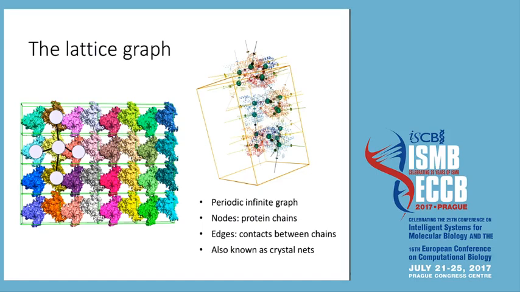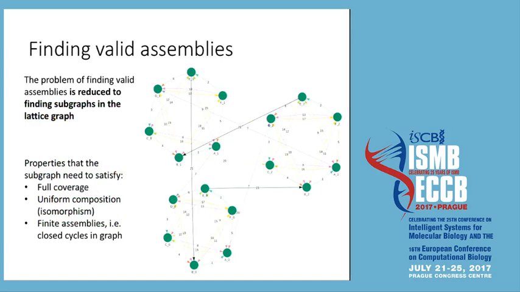If you see that in 2D, this is one of those graphs. The problem of finding valid assemblies, by which we mean symmetric assemblies with point group symmetry, is reduced to finding certain subgraphs out of these graphs.